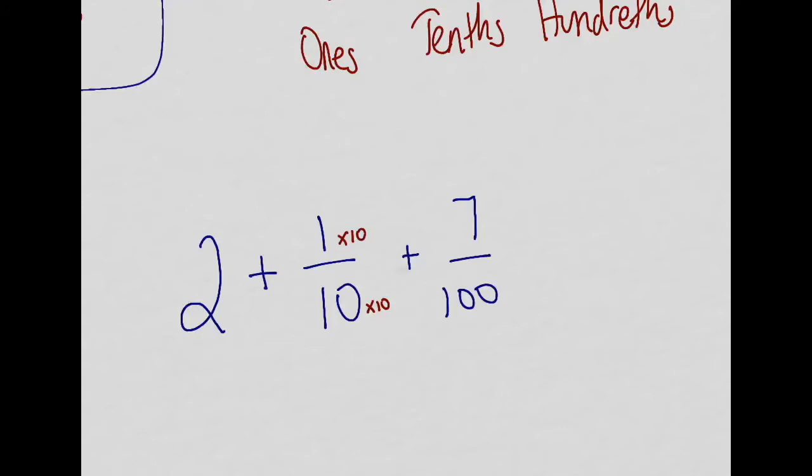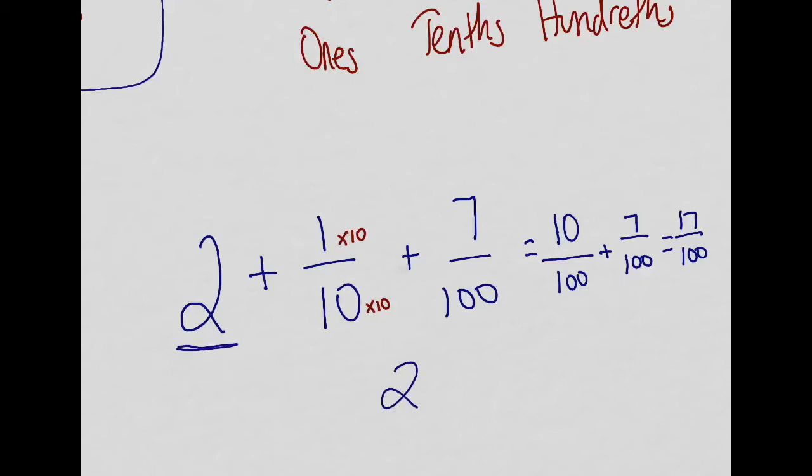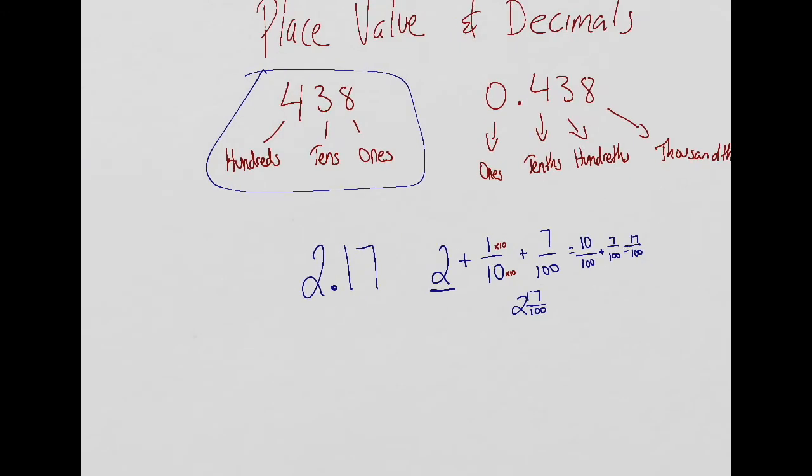And in order to do that, you need to multiply this by 10. So now you have 10 over 100 plus 7 over 100, and that gives you 17 over 100. Then we ignored this at the beginning, so now it gives us an answer of 2 and 17/100ths. Okay, so there's one example.